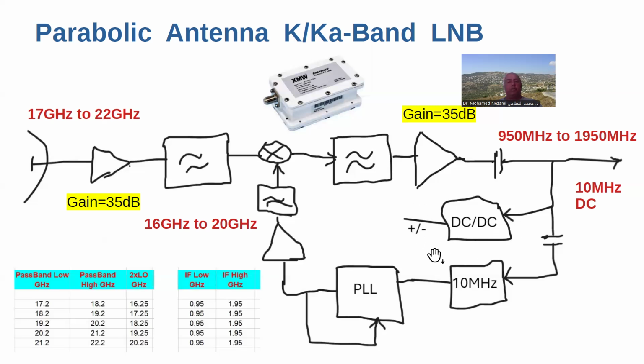We're going to pick those from TI or from Analog Devices. And the 10 megahertz section, there is really not much, because this 10 megahertz comes in here as a strong signal. Sometimes we may have to build a driver to drive the level and assure the input impedance to the PLL chip.